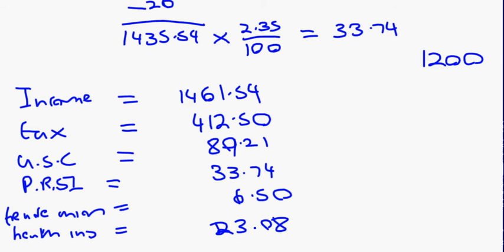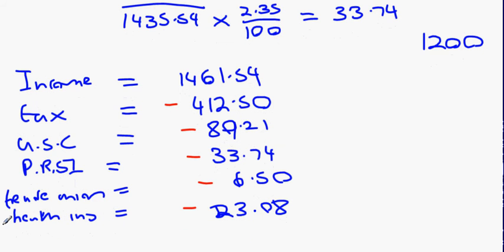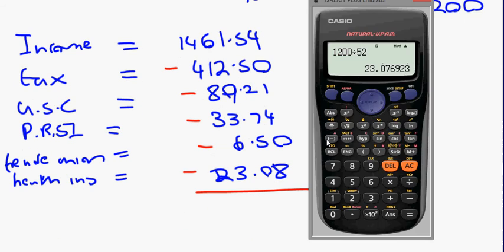So what we're going to do is take away all of these and see what we get. So we're going to have 1,461.54, take away 412.50, take away 89.21, minus 33.74, minus 6.50, minus 23.08.